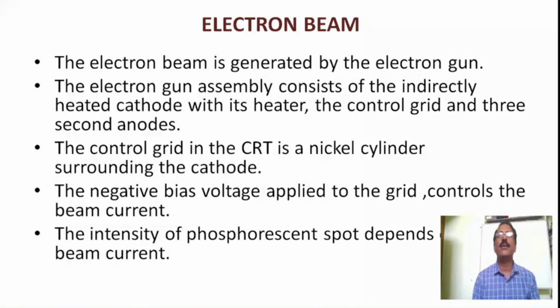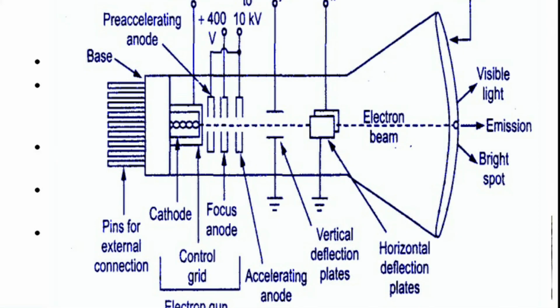The electrons coming out of the control grid are accelerated by the high potential applied to the accelerating anodes. If electrons are permitted as they are, the electron beam will not form a sharp image. Here, there are two accelerating anodes. One is the pre-accelerating and another one is the final accelerating anode.